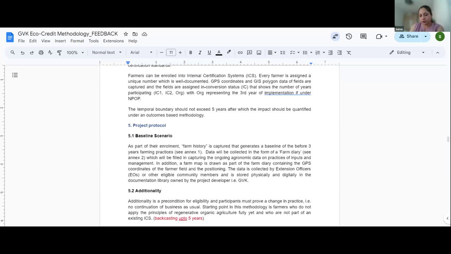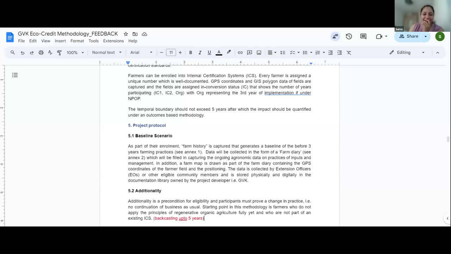They are also responsible to pay for all the support that is required on field to help the farmers transition or enroll into the regenerative program of RADI/GVK. So that is pretty much the context of this methodology, and this is a practice-based methodology.